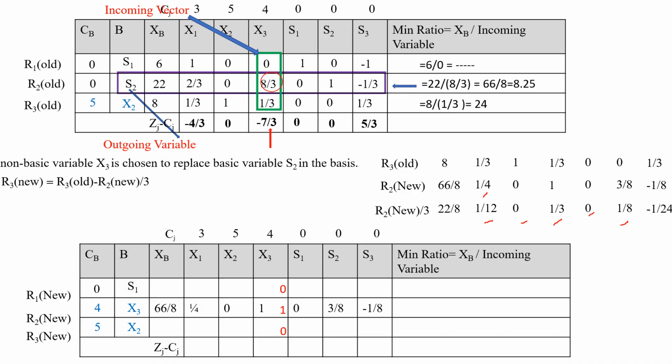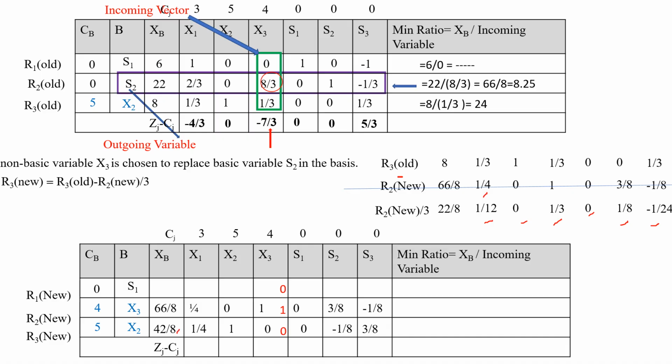Next, minus 1 by 8 into 1 by 3, so 8 times 3 is 24, so minus 1 by 24. So next we have to perform the row operation R3 old minus R2 new divided by 3, that is 8 minus 22 by 8, which is equal to, so 8 is the LCM, 64 minus 22, it is 42 divided by 8.